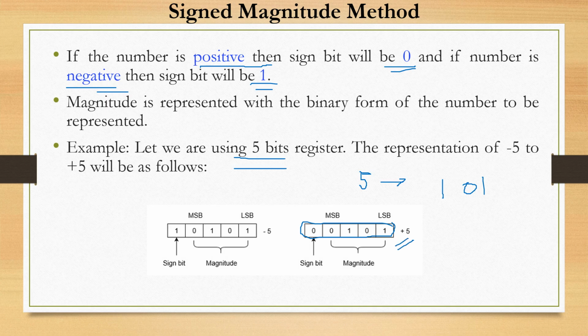As the number is positive, the sign is 0, so we put 0 over the most significant bit. Same for minus 5: we put 101 from right to left, the remaining bits are 0, and because it is a negative number, we put 1 for the sign. That's how the representation of the signed number is done.